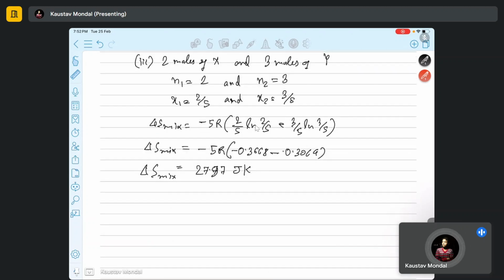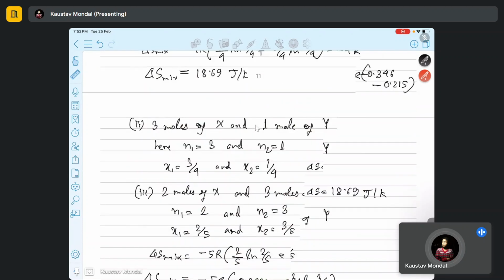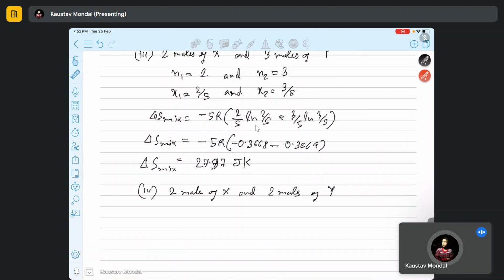Now the last is option 4: 2 moles of X and 2 moles of Y. So this is the last option.